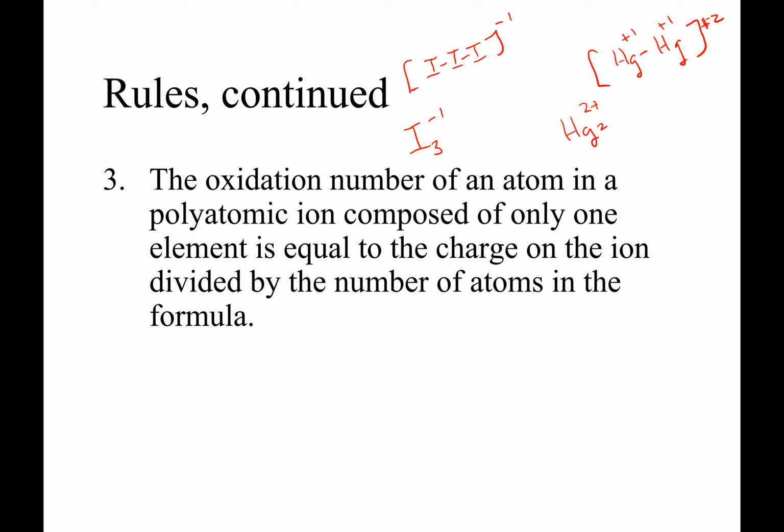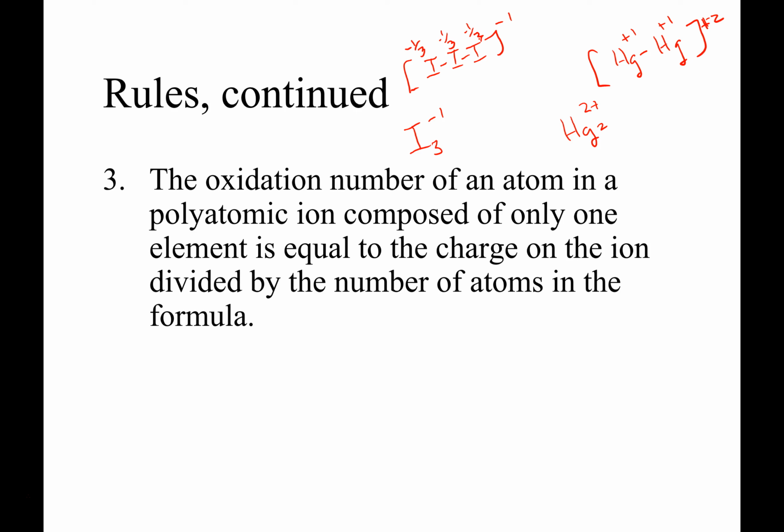So what this says is you take the charge, which is -1, and you divide by the number there are, which is 3. So what do you get? -1/3 for each. That's their oxidation number. It doesn't have to be an integer. That crazy or what? I know, it's kind of fun.